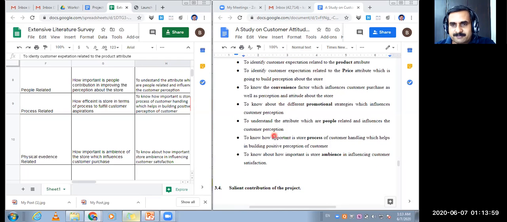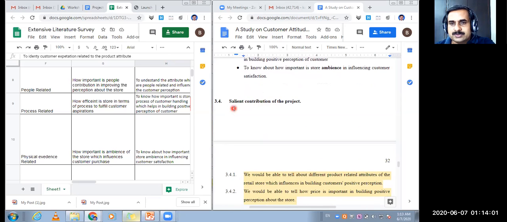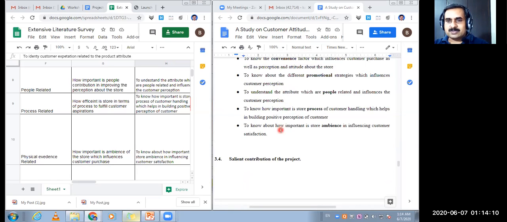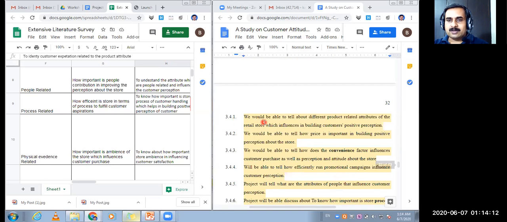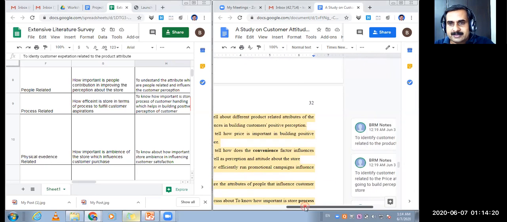And on the basis of the research project report, I'm going to identify the salient contribution, which is going to be dealt with through these objectives. So on the basis of these objectives, I'm going to write the salient contribution of this project report.